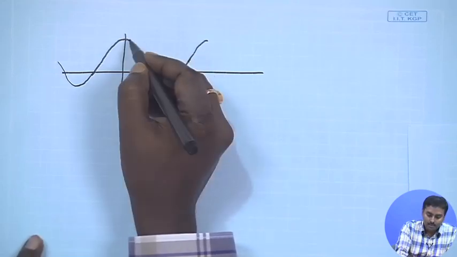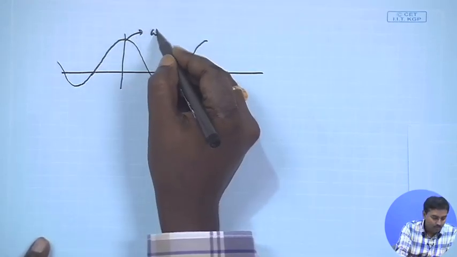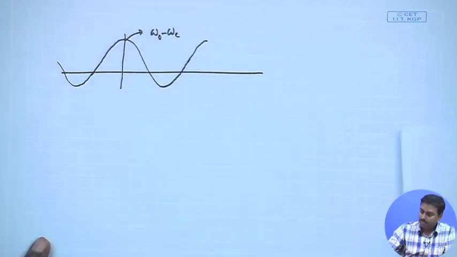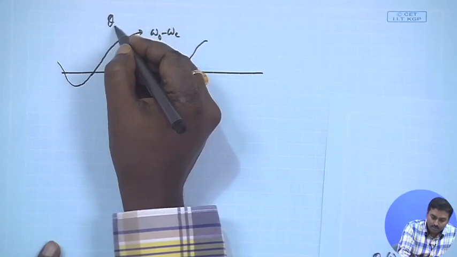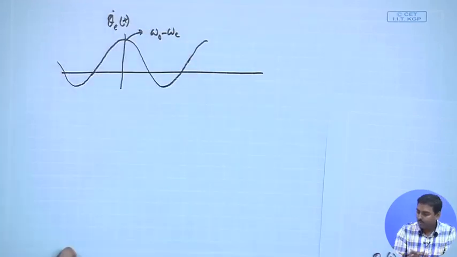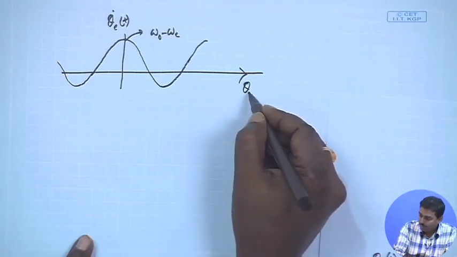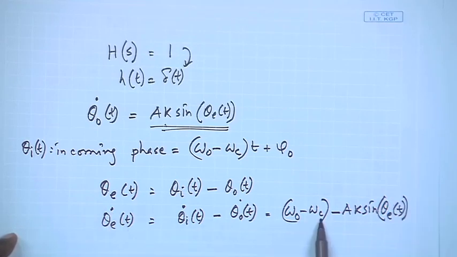Whereas, it will be touching at omega 0 minus omega c, because this is where I am plotting theta e t derivative, and this is where I am plotting theta e t. Whenever you put theta e t equal to 0, you get theta e derivative t as omega 0 minus omega c.